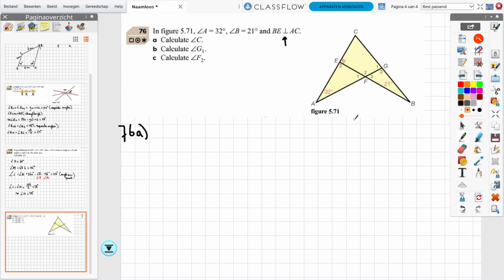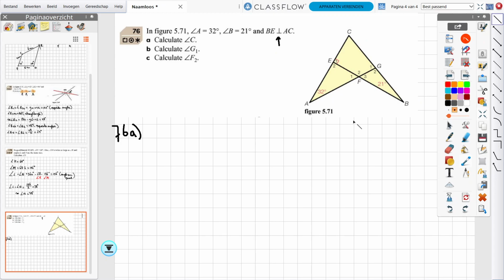And some people are a bit too quick on the draw and they say, well, I see a lot of triangles here. So what I sometimes see people do is they take a look at this form here, and it seems a bit weird that people do this, but I see it happening. They see this and say, oh, triangle. So angle C, angle of some triangle, is 32 minus 21, and that's angle C. But it's not true, because this is not a triangle.